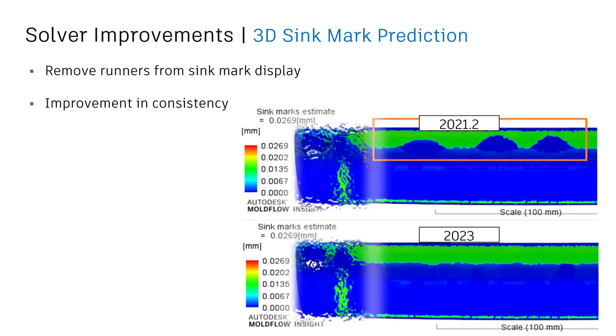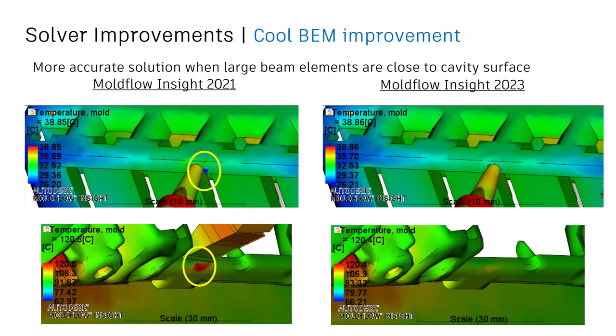But from 2021 and onwards, 2021.2 and now 2023, the sink mark predictions have improved significantly, not only in the rib area, but also in the areas which are chunkier, which have high thermal drops or hotspots. We could predict the sink marks much better.